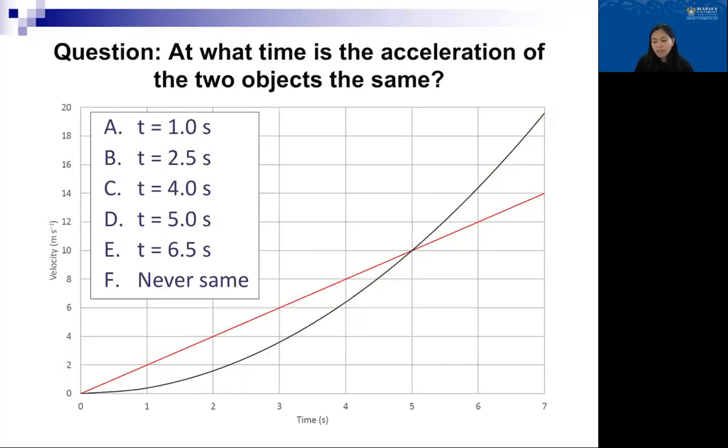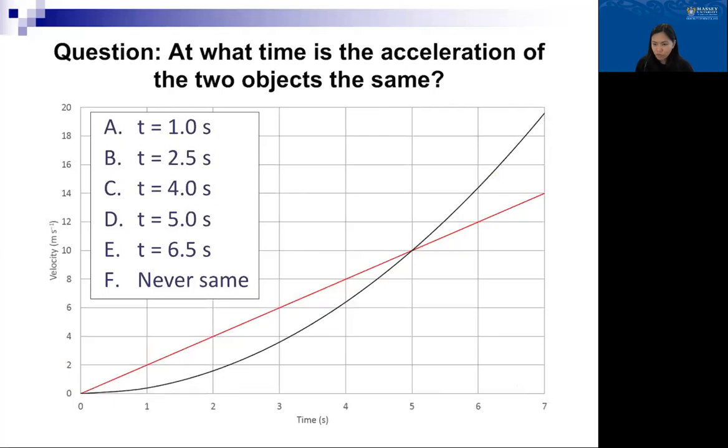At what time is the acceleration of the two objects the same? Is it at 1 second, 2.5 seconds, 4 seconds, 6.5 seconds, or don't they have the same acceleration all throughout?